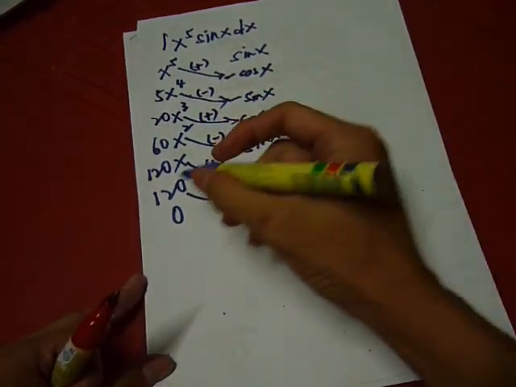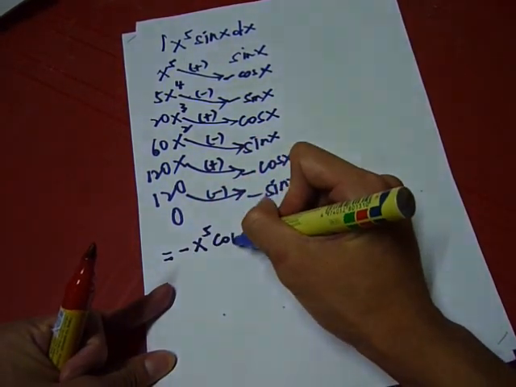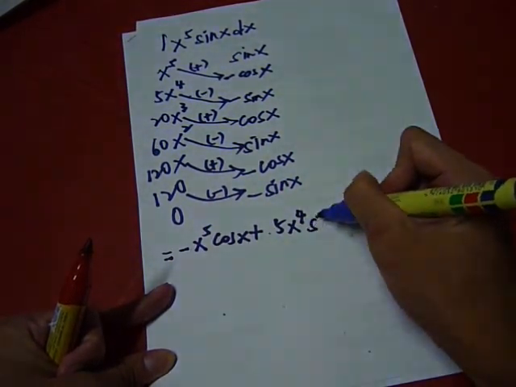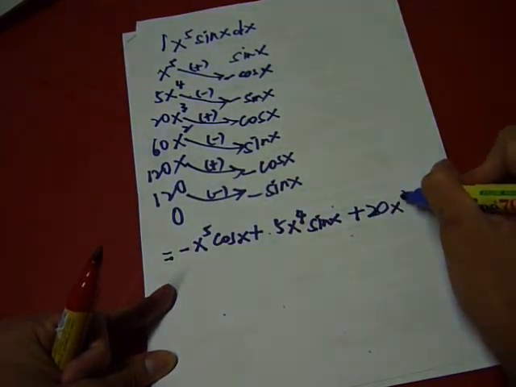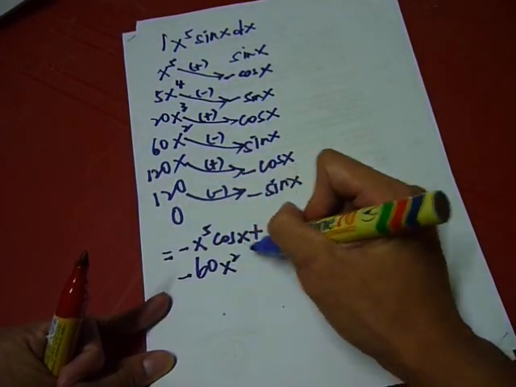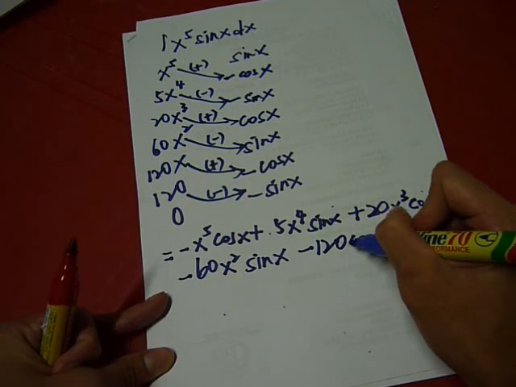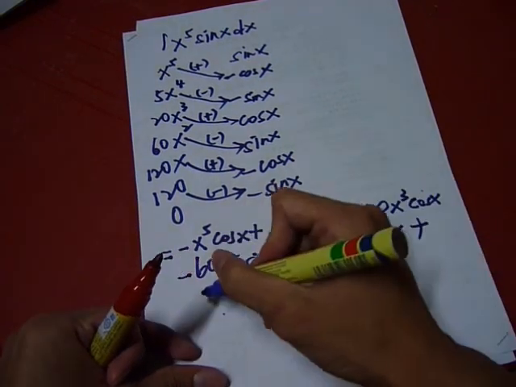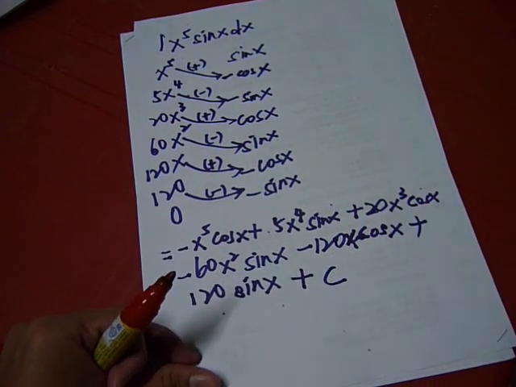And the final answer is equal to negative x to the power of 5 cos x plus 5x to the power of 4 sin x plus 20x to the power of 3 cos x minus 60x squared sin x minus 120x cos x plus 120 sin x plus c.